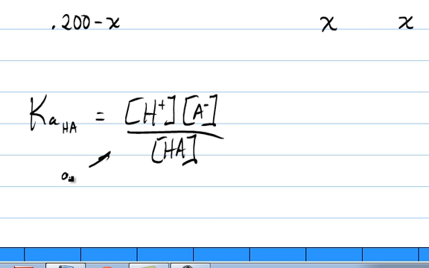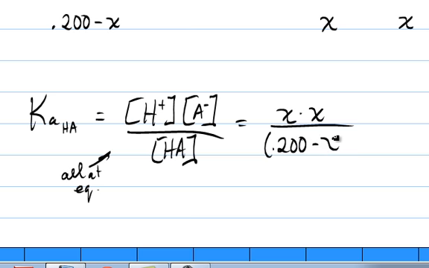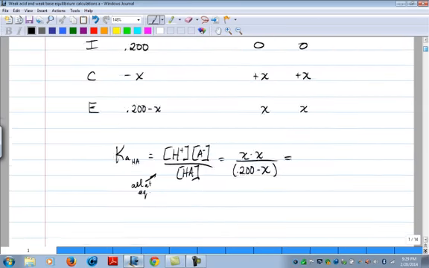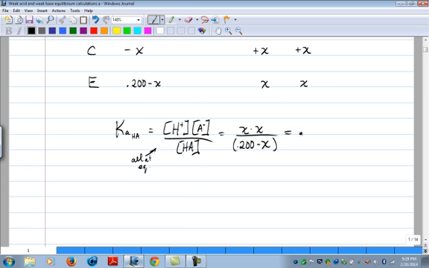This is all at equilibrium. So we use the equilibrium line values. We have x times x, or x squared, over 0.200 minus x. And in this example, we were given the value of that ratio is 4.25 times 10 to the minus 5.